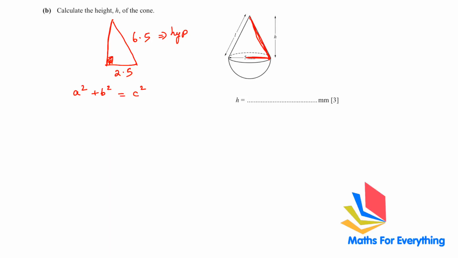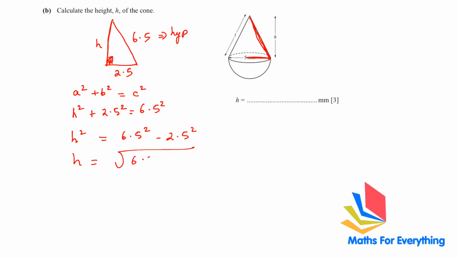So the height, let's name this h, height square plus 2.5 square is equal to 6.5 square. H square is equal to 6.5 square minus 2.5 square. Therefore, h is equal to square root 6.5 square minus 2.5 square, which is 6.